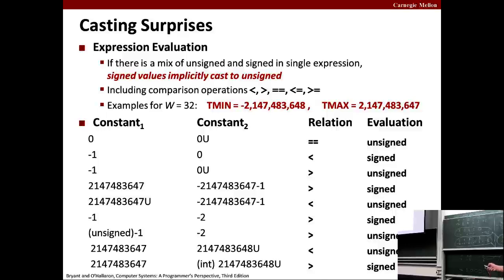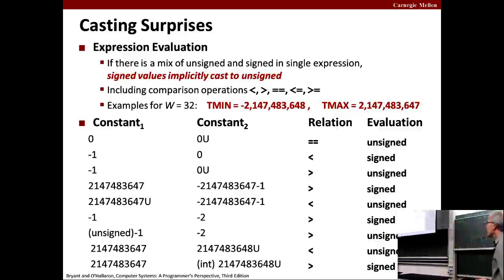I'll tell you in a minute why this number is written this way. The next one, it's the same pair of numbers, but you see it's flipped. And the reason is that this number on the left is T max for the bit pattern in a 32-bit number.